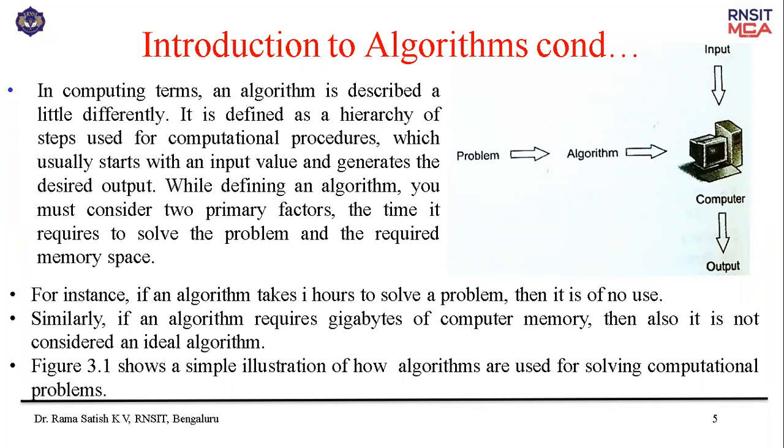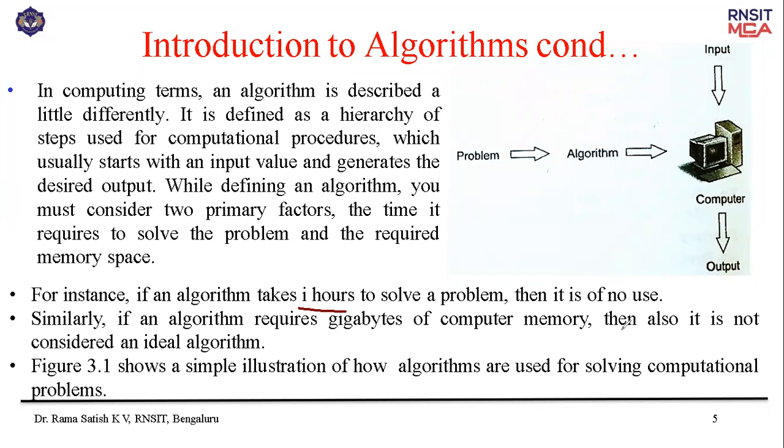And here I have one more example. For instance, if an algorithm takes hours to solve a problem, then it is of no use. Similarly, if an algorithm requires gigabytes of memory, then also it is not considered an ideal algorithm.